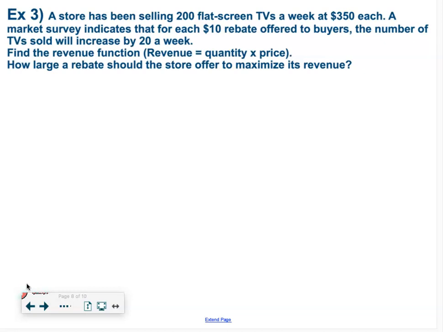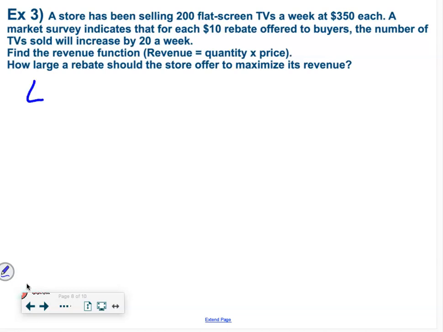We need quantity, which is the number of TVs we're going to sell, times price, the price that we're going to sell each TV for. The trick is knowing how to write your input variable. Once you are told how to write it, setting up your equation really isn't that bad. So here's the trick, and I'm just going to tell it to you.